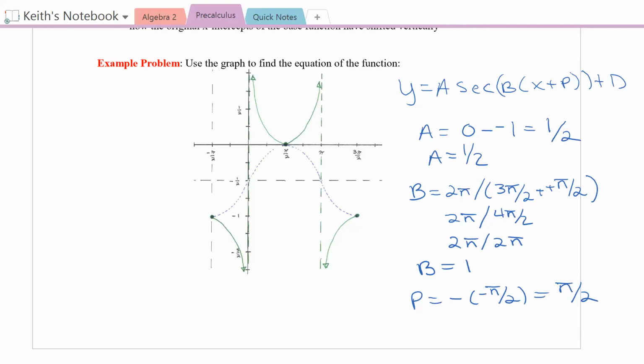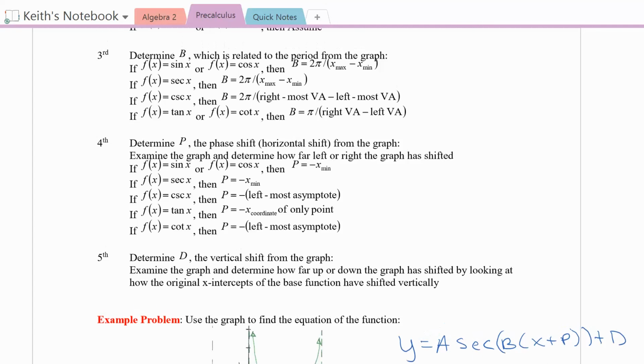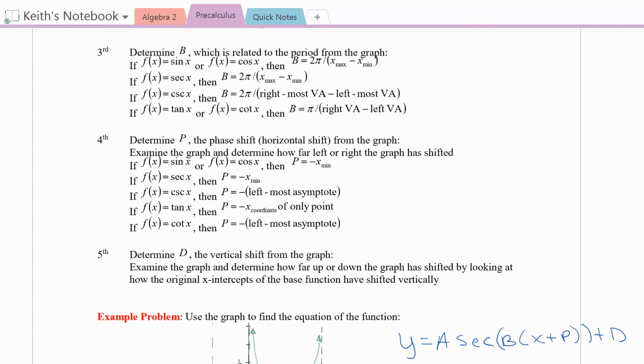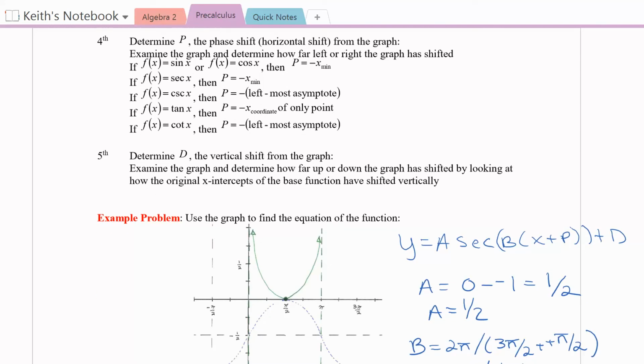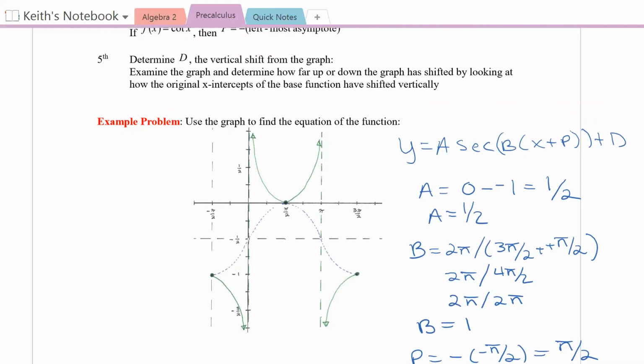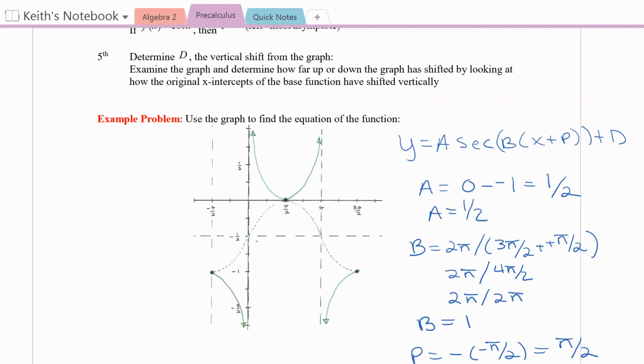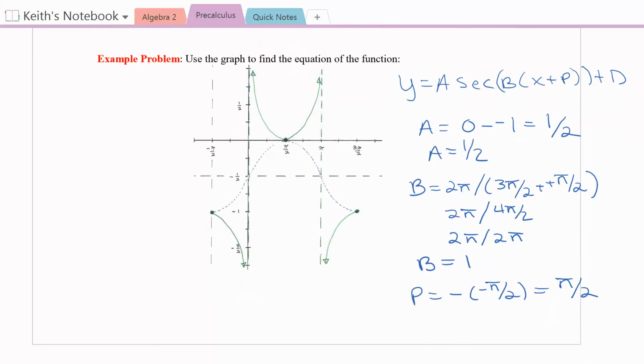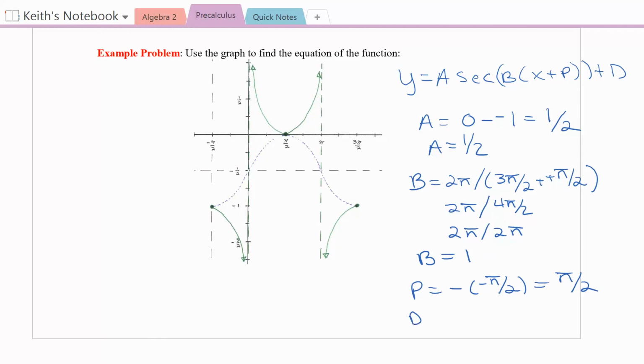And then for the vertical shift, you want to examine the graph and determine how far up or down it has shifted by looking at the original x-intercepts of the base function and how they've shifted. Normally for cosine, this point at 0 should be up here, but it is now at -1/2. So that means your vertical shift is down 1/2.